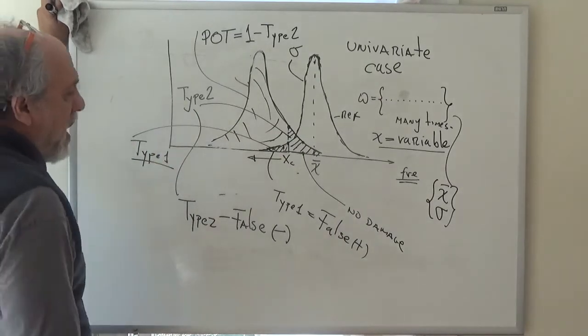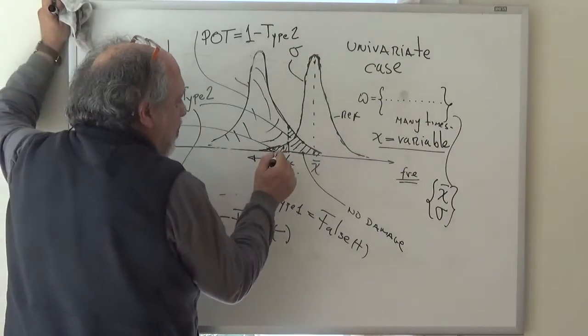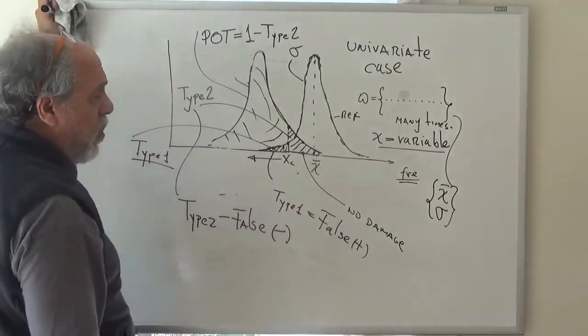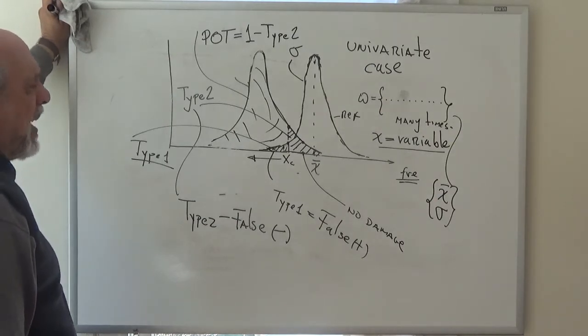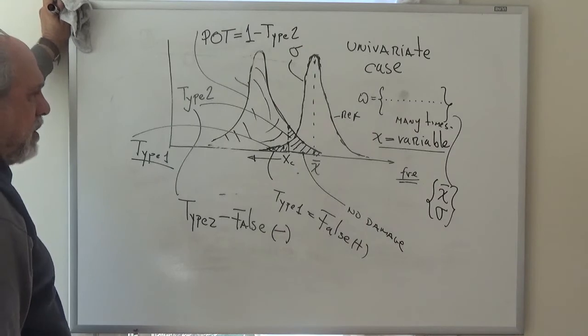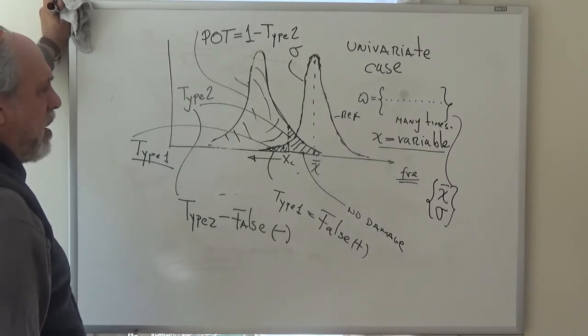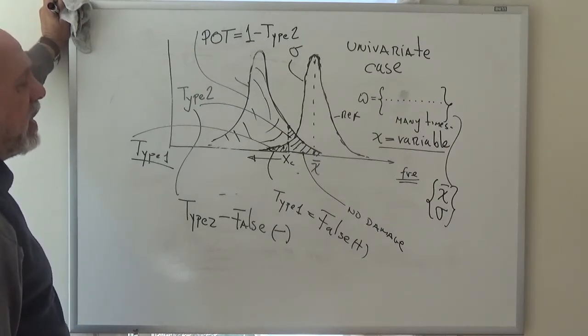And the type 1 error is a false positive because it means the structure really wasn't damaged, but if we find something here, we call it weird, and so we call it damaged or strange. And that type 1 error is typically taken to be around 5%, right? You need to make that cut somewhere, because if you don't make that cut somewhere, then it's impossible to find any damage, right?